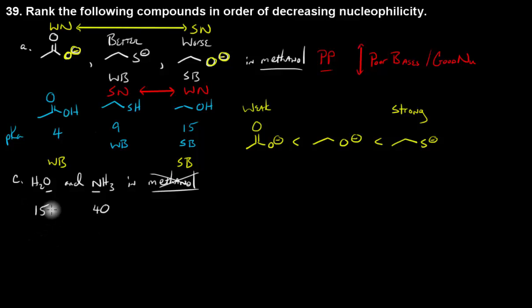So water is the stronger acid, weaker base, and ammonia is the weaker acid, stronger base. Because we're going across the periodic table, basicity will parallel nucleophilicity. So ammonia is the strong base, strong nucleophile, and water is the weak base, weak nucleophile. Between these two, in decreasing nucleophilicity, water is the weakest and ammonia is the strongest. Okay, all right, next question.